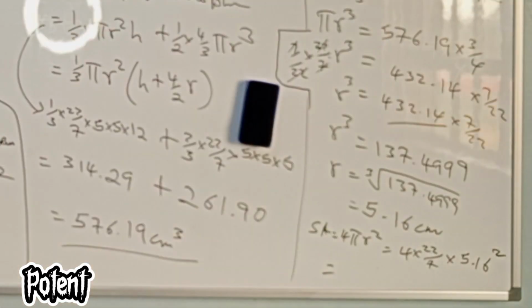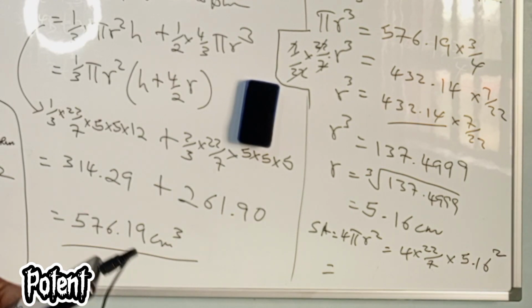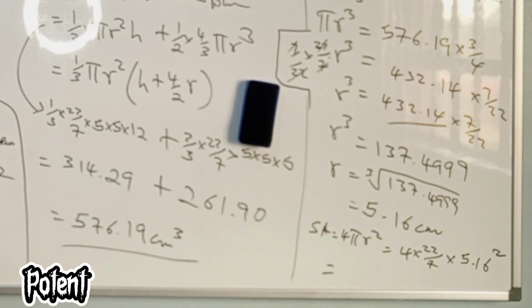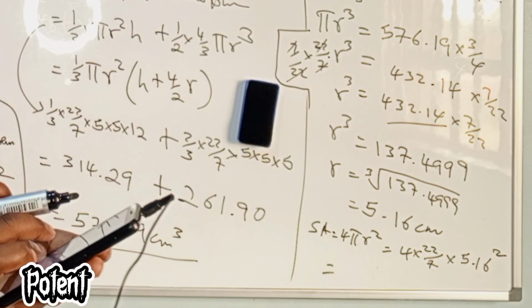So surface area will be given as 4 times 22 divided by 7 times 5.16 times 5.16.